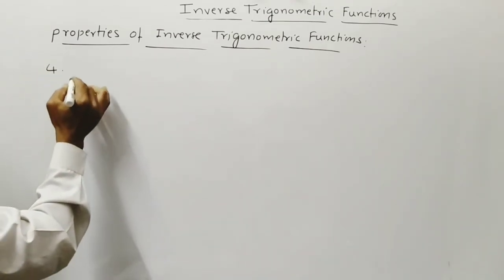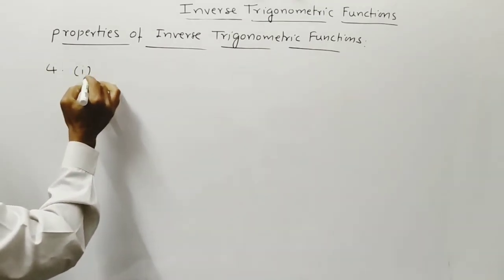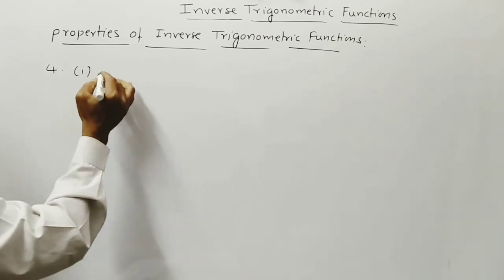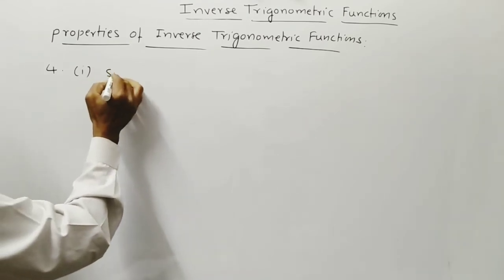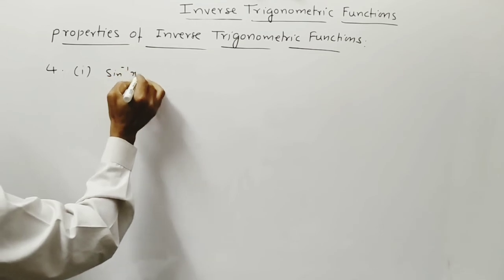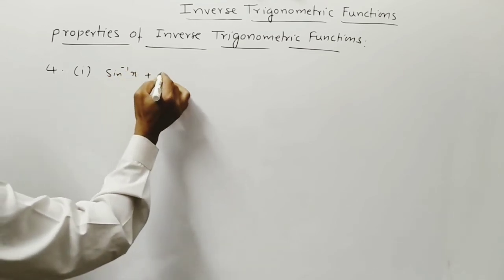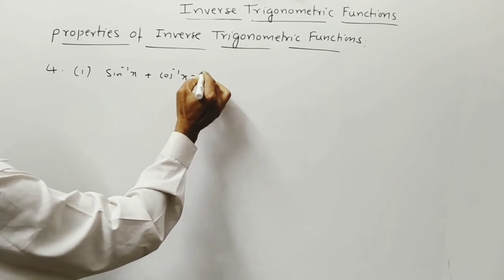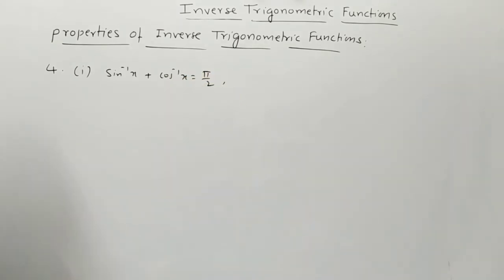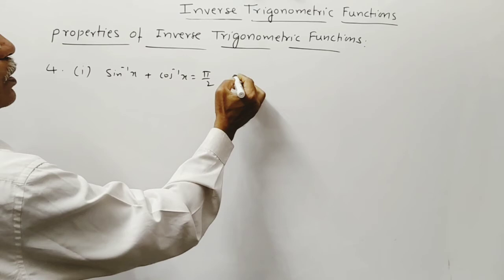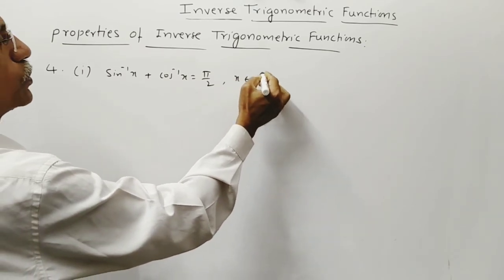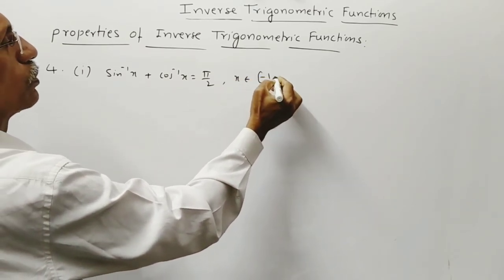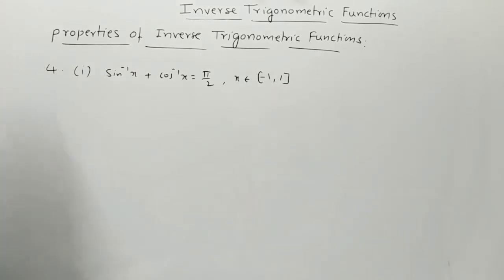Fourth set, and that first one is sin inverse of x plus cos inverse of x is equal to pi by 2, x belongs to the closed interval minus 1 to 1.